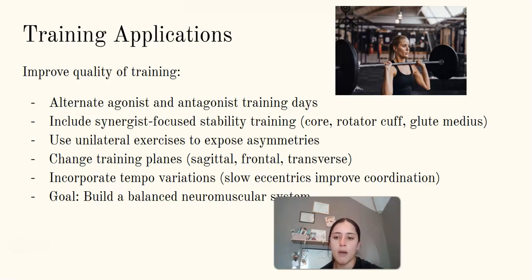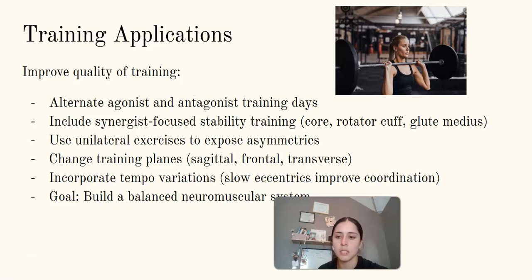And then also adding in synergist focus training ensures stability and prevents compensation. So we can't forget to really train the synergist system, because it acts as a stabilizer, right? And if that isn't strong enough, then our stabilizer is gone.